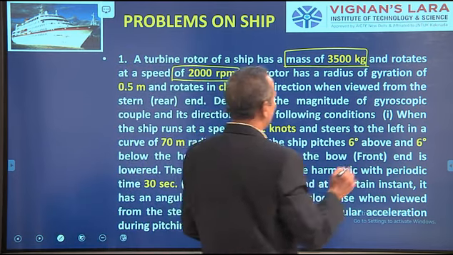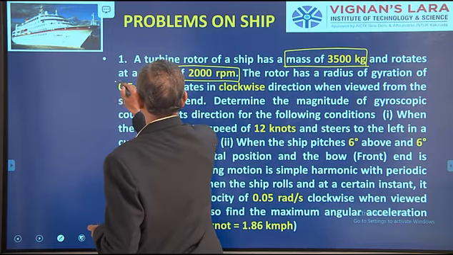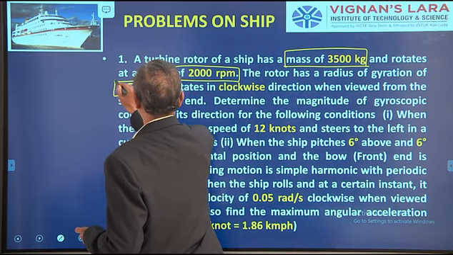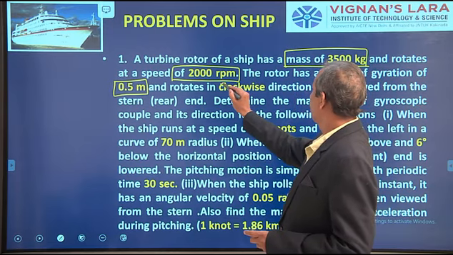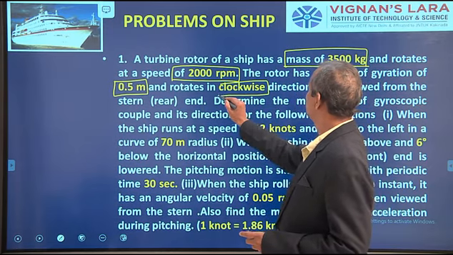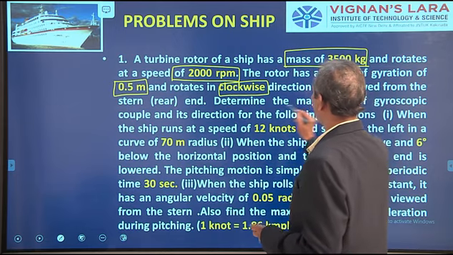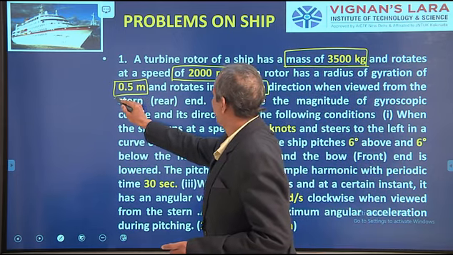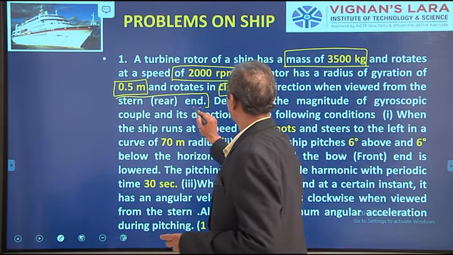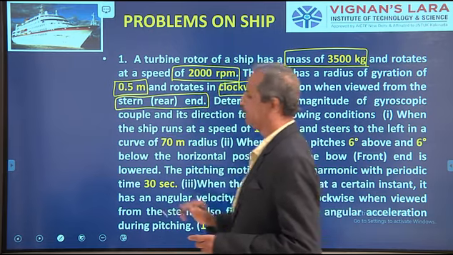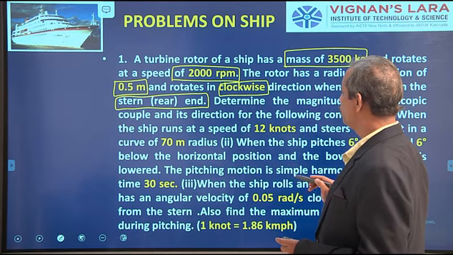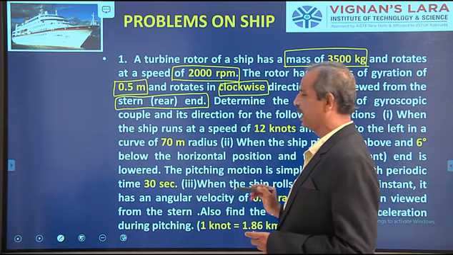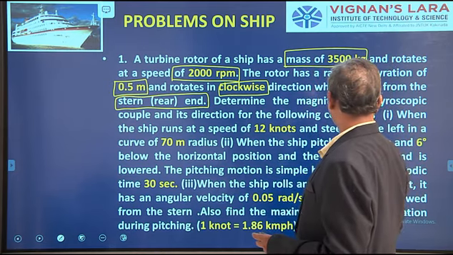Then radius of gyration 0.5 meters, and it rotates in clockwise direction when you look from the rear end, that is the stern. Then determine the magnitude of the gyroscopic couple and its direction for the following conditions.